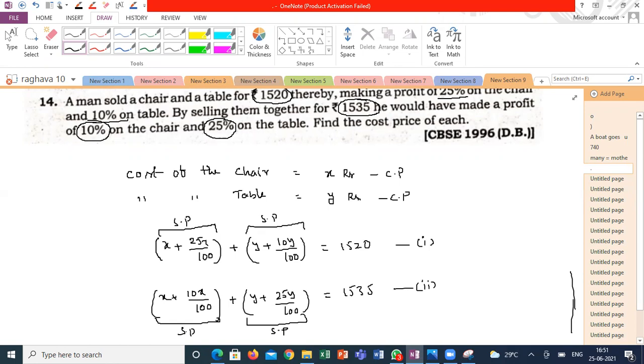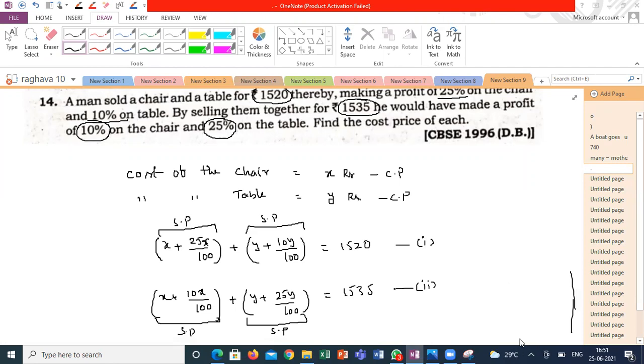Guys, are the equations comfortable? Are you clear how I got these equations? Anyone having any doubts? Please, students. Harita, Jahnavi, no doubt, sir.